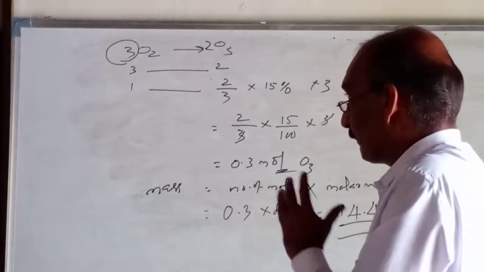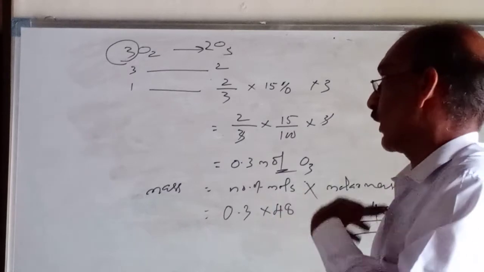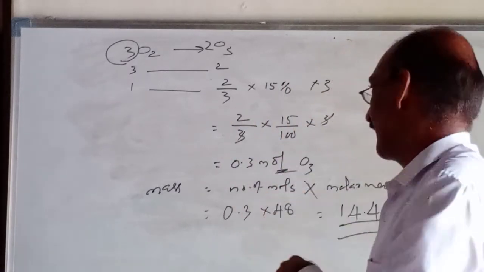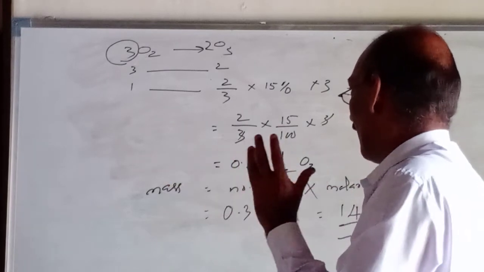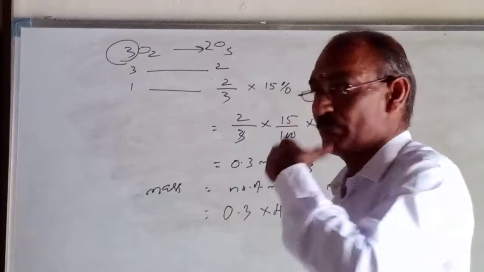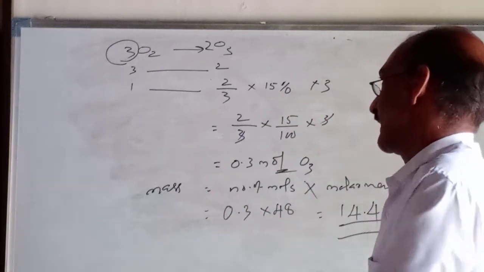So from that part they can ask, because you are already learning more about ozone in that lesson, and also you are studying stoichiometry, and also you know how to change number of moles to mass and mass into number of moles. So they can ask such questions from this part.